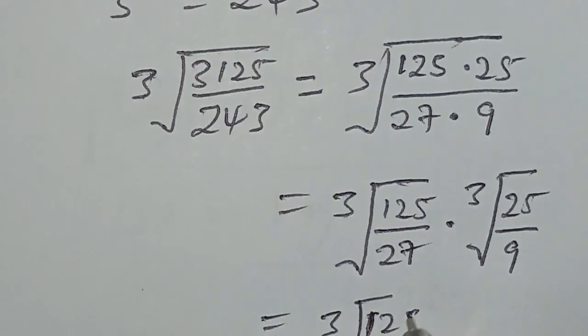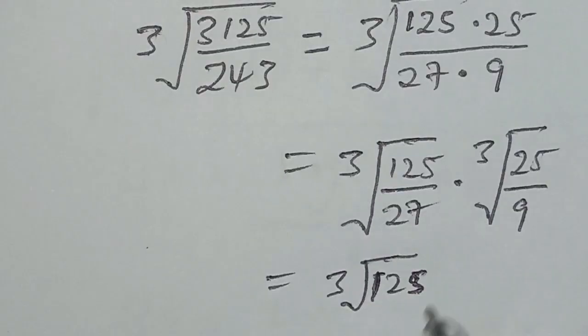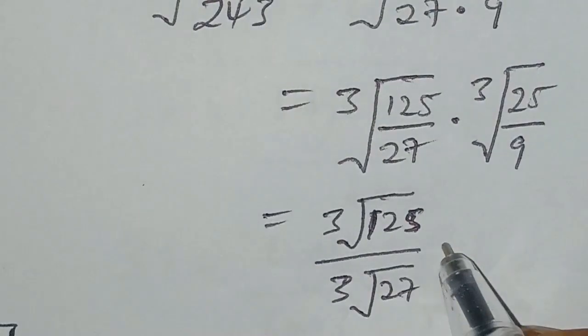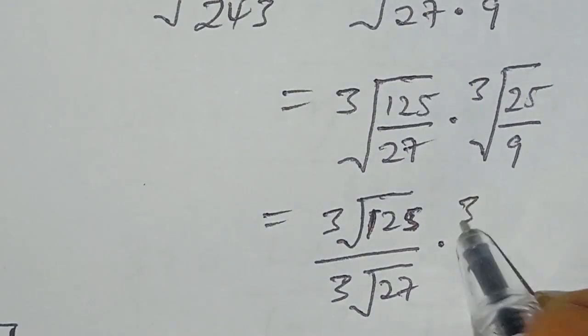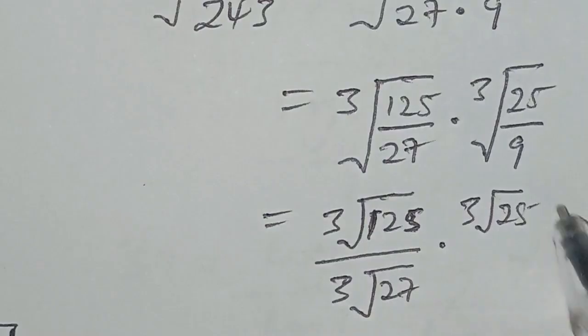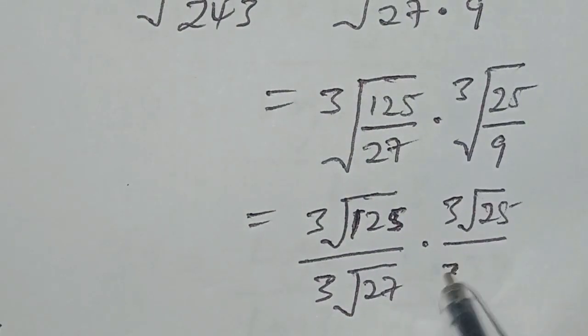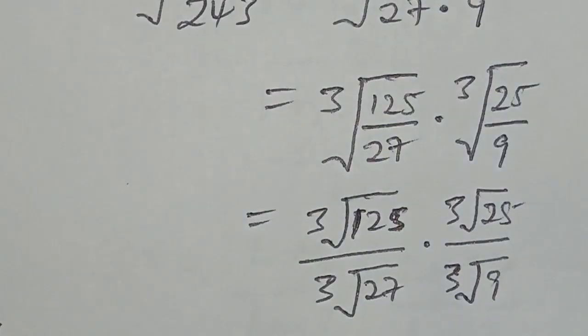125 over the cube root of 27, then multiplied by the cube root of 25 over the cube root of 9.